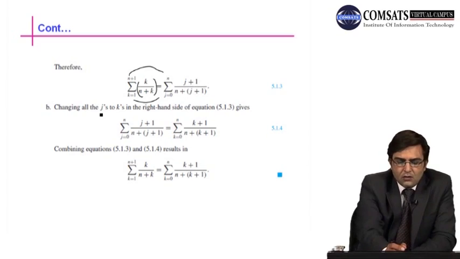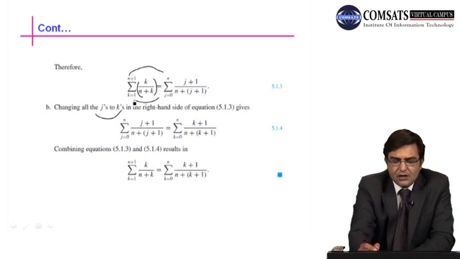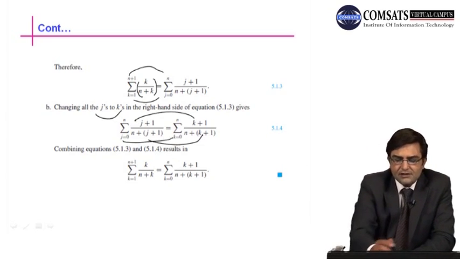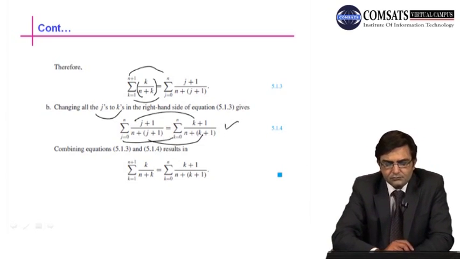So we can now change j's to k's. Here we have j, j, j. Now we change j to k at each occurrence. So in here instead of j we write k, here we write k, and here we write k. So this again becomes this.